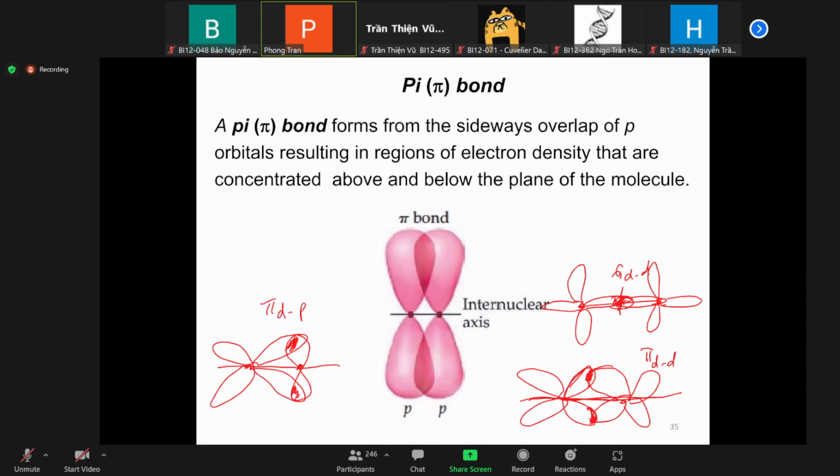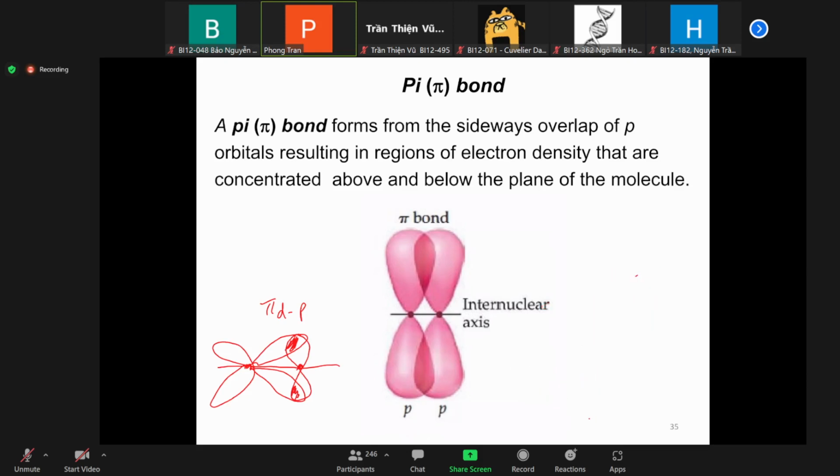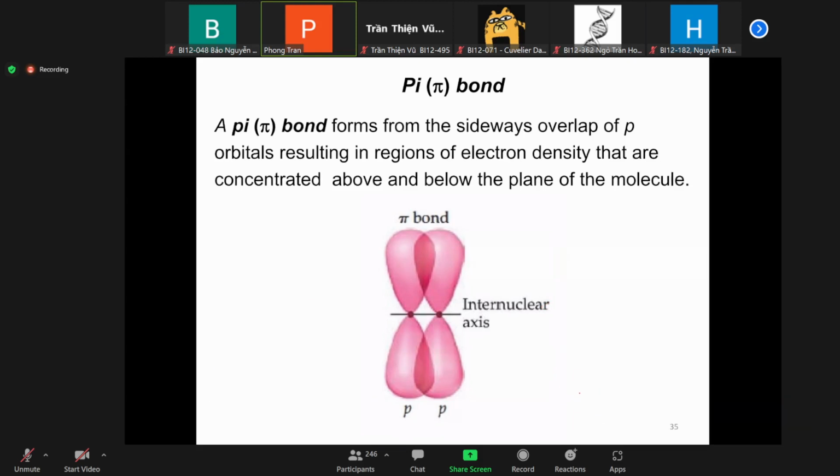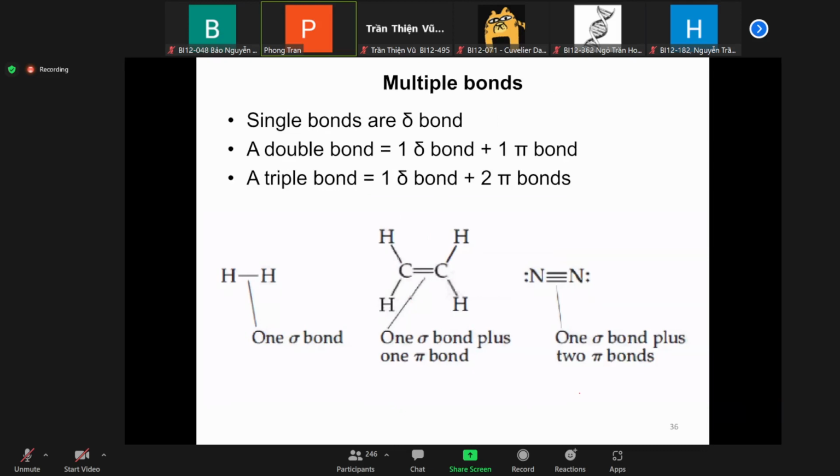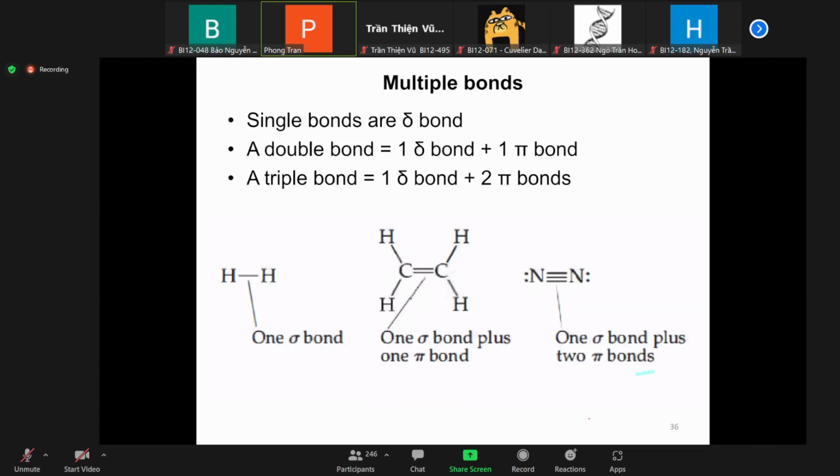Okay, so you see that not only pp can generate the pi bond, but the d orbital can also make it happen. Okay, so for the case of multiple bonds, you can have one single bond, which is sigma. If you have a double bond, you have one sigma bond and one pi bond. When you have a triple bond, you have one sigma and two pi bonds. So it's quite easy to understand.